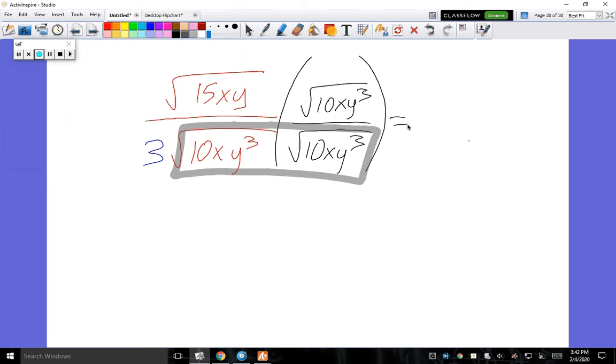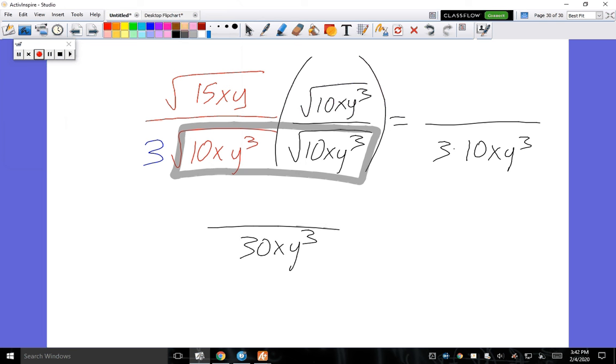So 10xy cubed times this 3. Y'all with me? So it's the same as just 30xy cubed in the denominator. You got rid of the square root. It's rationalized. And now you just got to put all this together with the rules that you've learned.